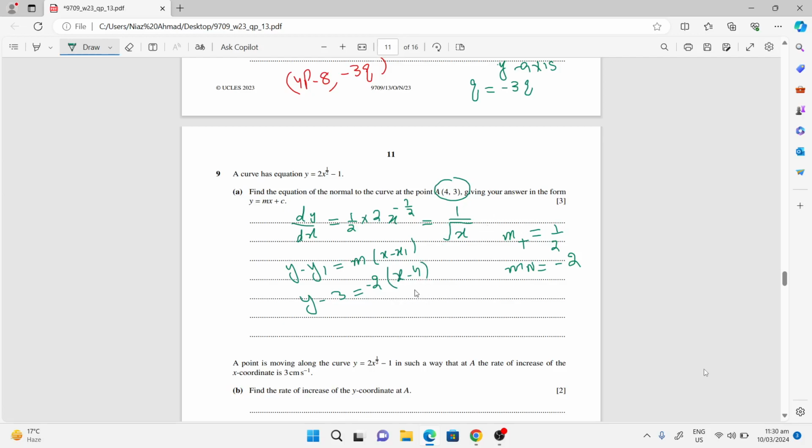If you solve this, you are going to get negative 2x plus 8. So y equals negative 2x plus 11. This is our required equation of the normal to the curve.